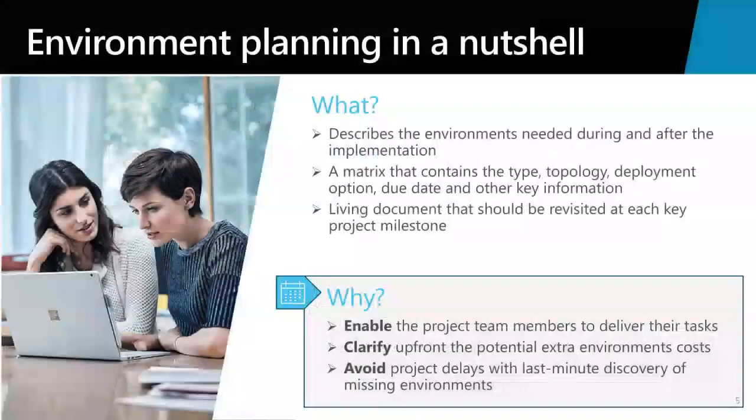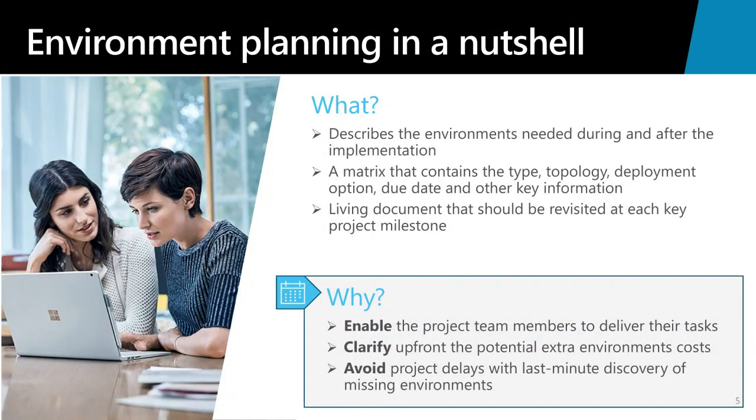I'm going to start by talking a little bit about why environment planning is important and what environment planning should include. Environment planning is the process that we go through in your implementation to describe the details about each of the environments that you're going to need, both during your implementation and after your implementation post go live.